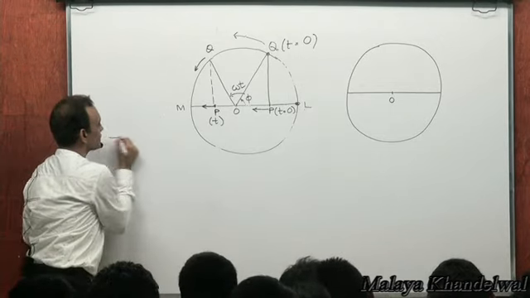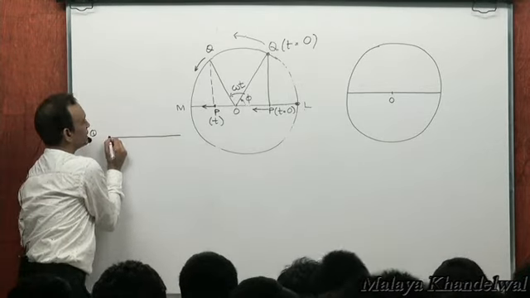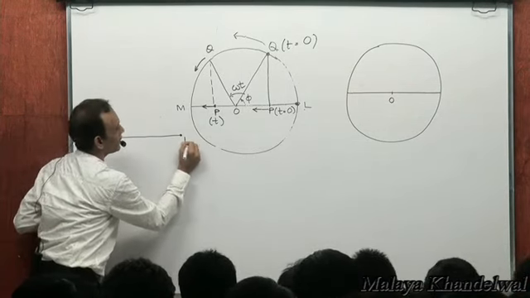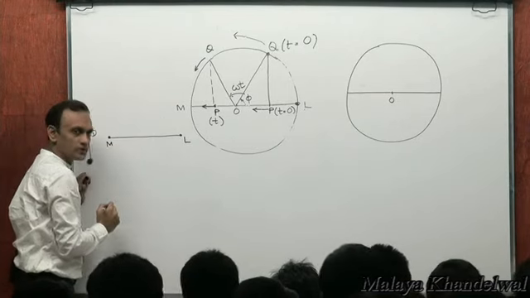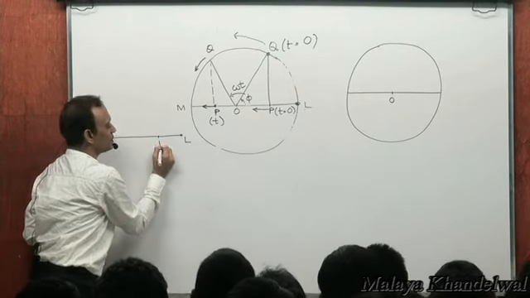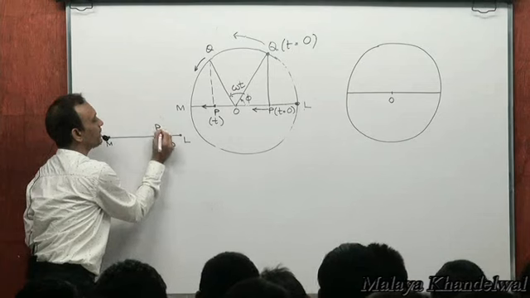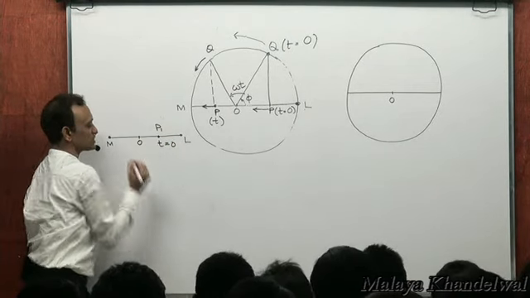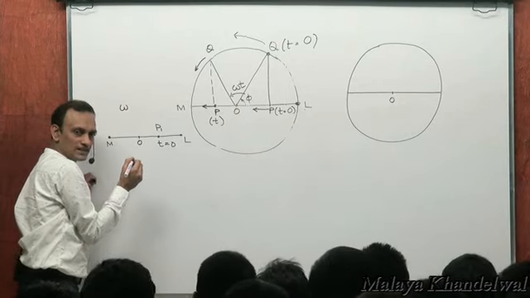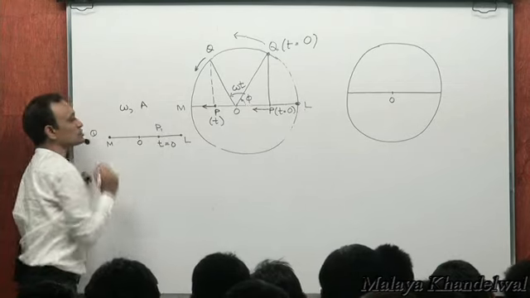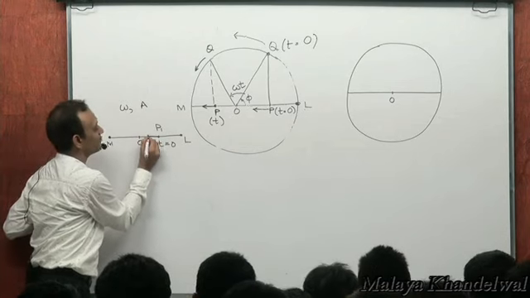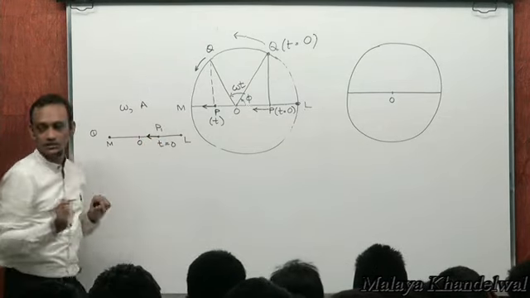Let's say there was this oscillator 1 and it executes SHM between, say, limits L and M. At time t equal to 0, this oscillator, call it P1, was at this position. This was the mean position, right? This oscillator executes simple harmonic motion with angular frequency omega and amplitude A. At t equal to 0, the oscillator was here, and say it was headed leftwards.